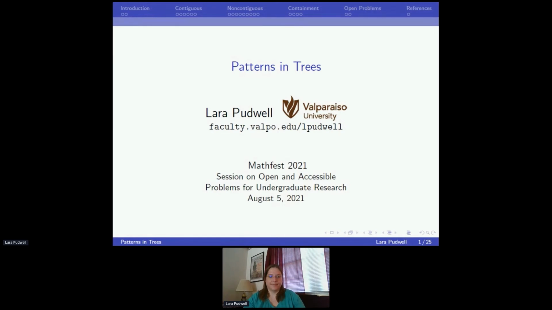These books basically discuss different areas that are accessible for undergraduate research and give suggestions for problems that students could work on. And there are 2 new volumes for this series coming out in the next year or 2 that are focused on problems accessible to students with very little math background. So keep an eye out for that.